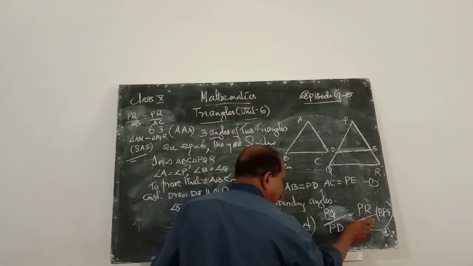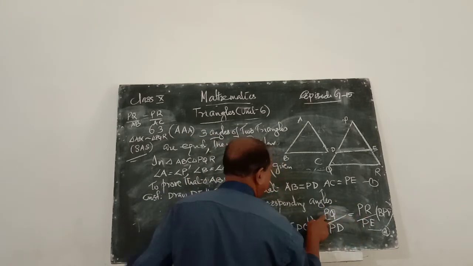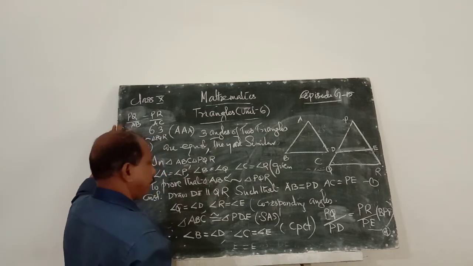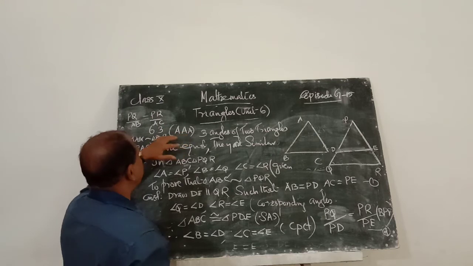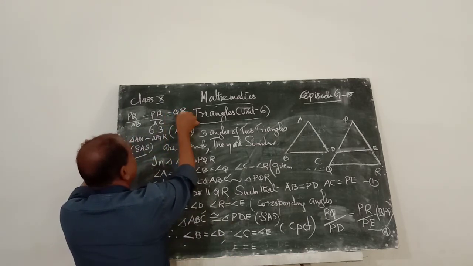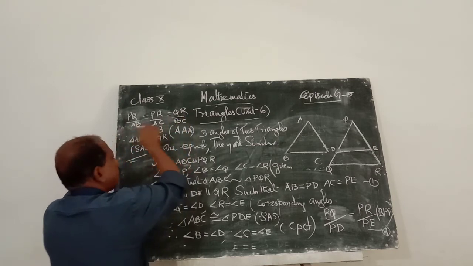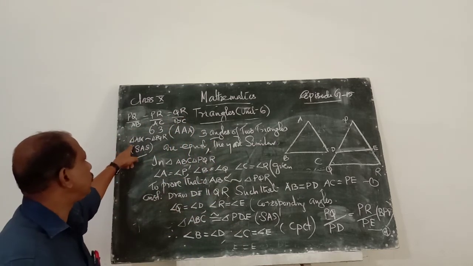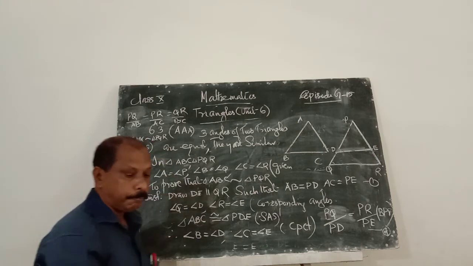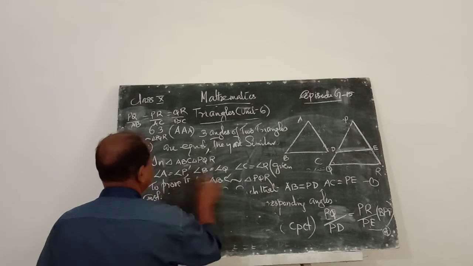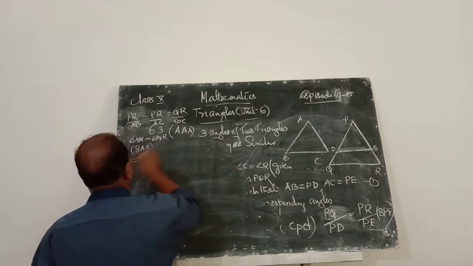Therefore, PQ by AB is equal to PR by AC, which is always equal to QR by BC. Therefore, the sides are in proportion, so these two triangles are similar. Therefore, triangle ABC is similar to triangle PQR. Okay. This is theorem number 3 of that chapter.